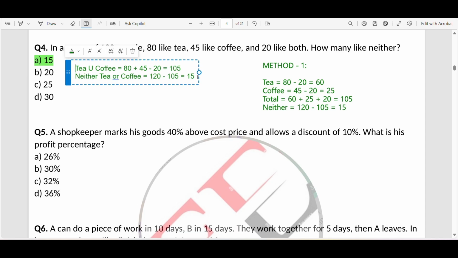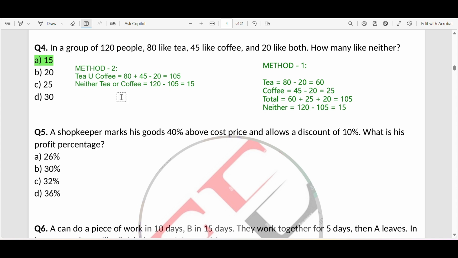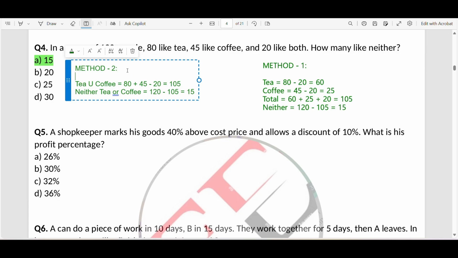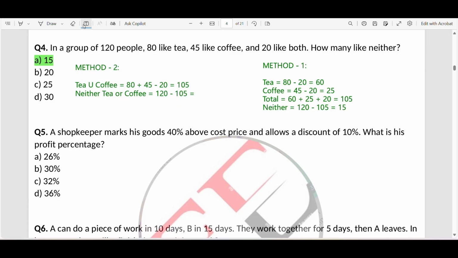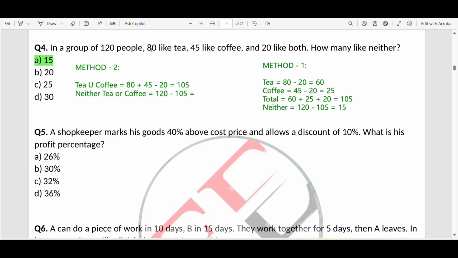And this is method 2, right? Method 2 is nothing but this: the people who like tea is 80, who like coffee is 45, and this 20 will be counted in both 80 and 45.